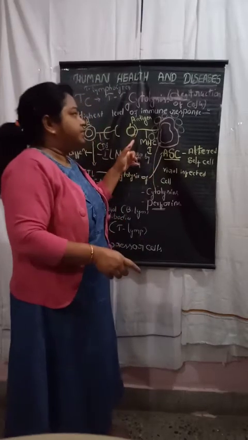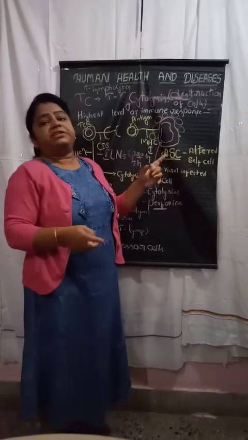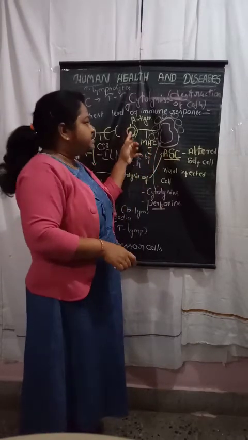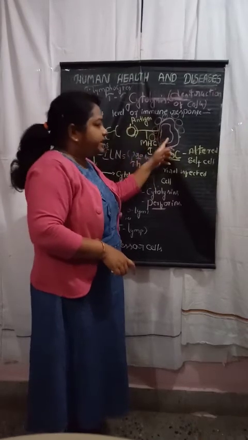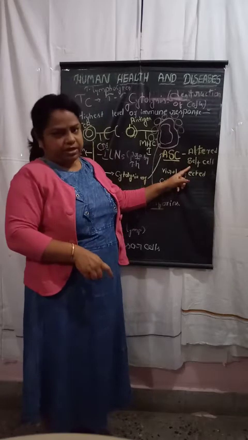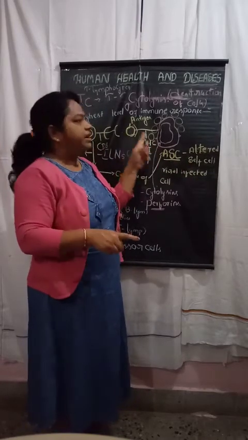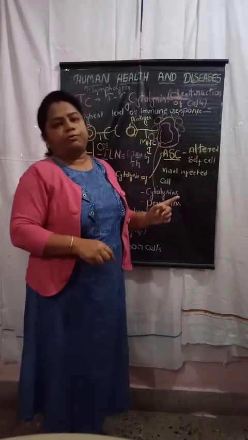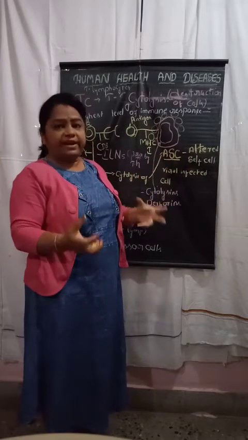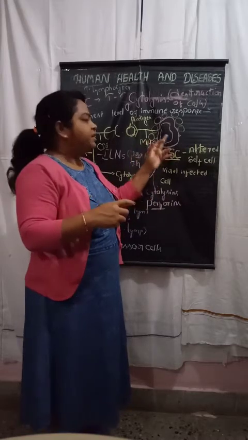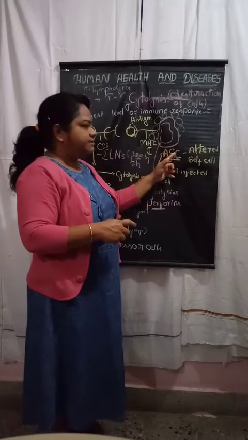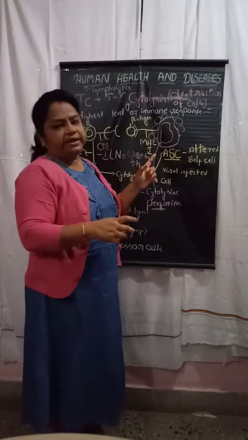So whenever any antigen enters into our body, what happens? This antigen is recognized by the altered self cells. As soon as the antigen enters, these altered self cells recognize the antigen.